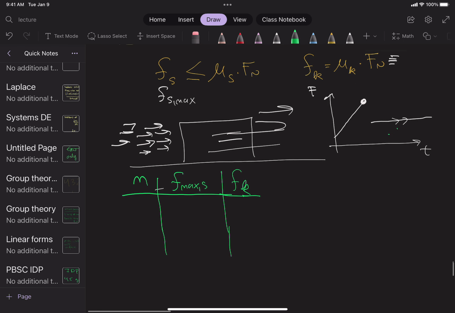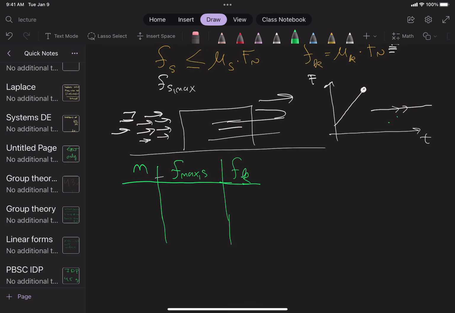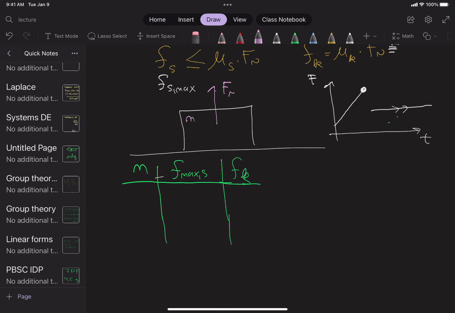And let's see why we need the mass. So this block, there's friction acting on it, there's also the normal force, which acts upwards, and also because of its mass, this object has a weight, Fg.